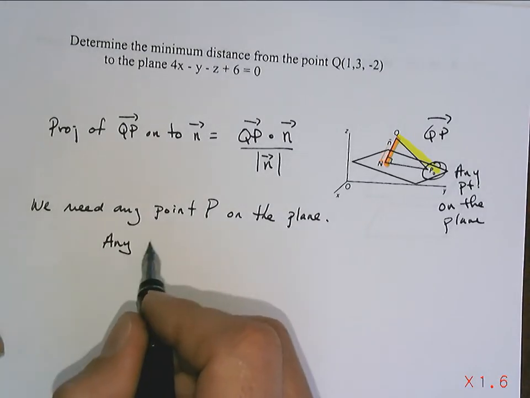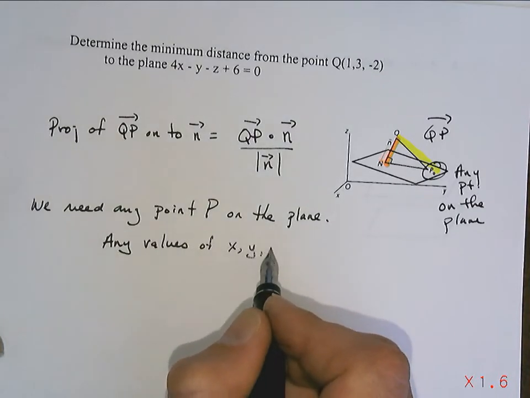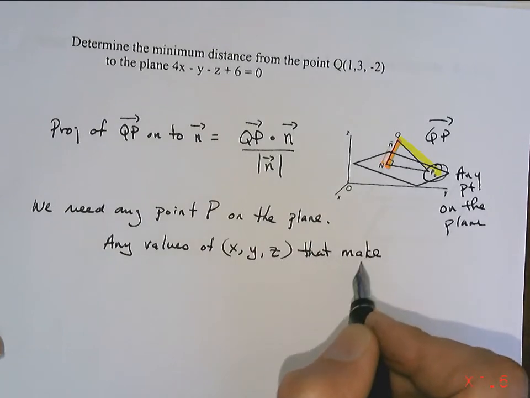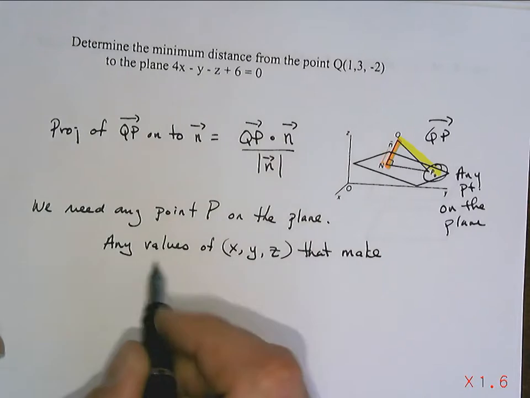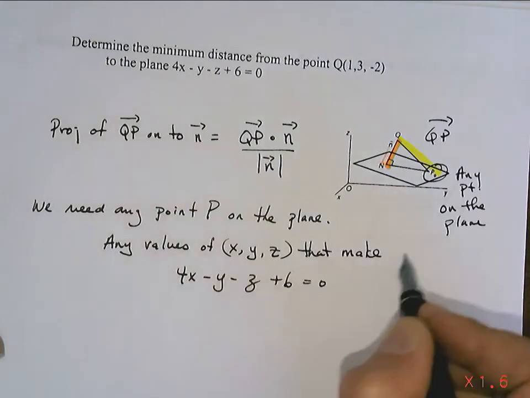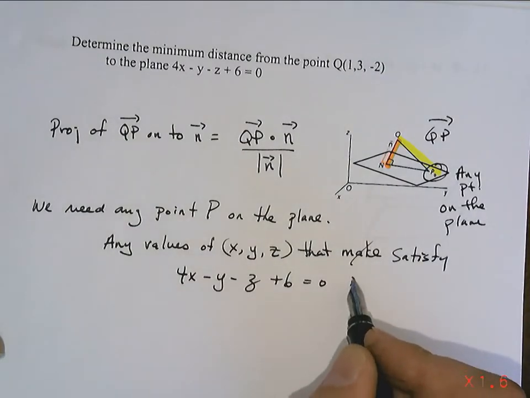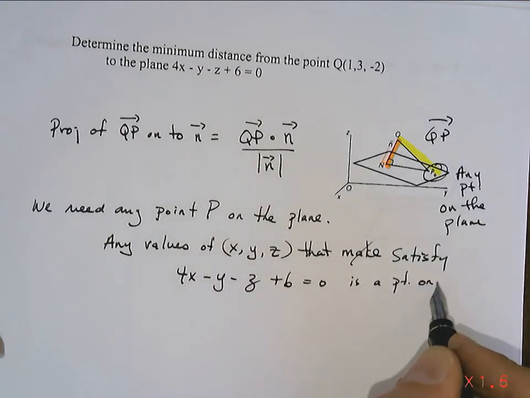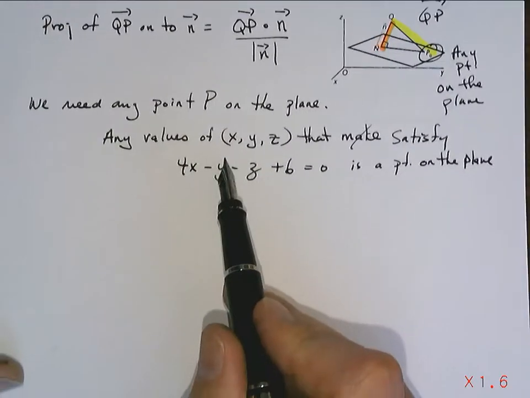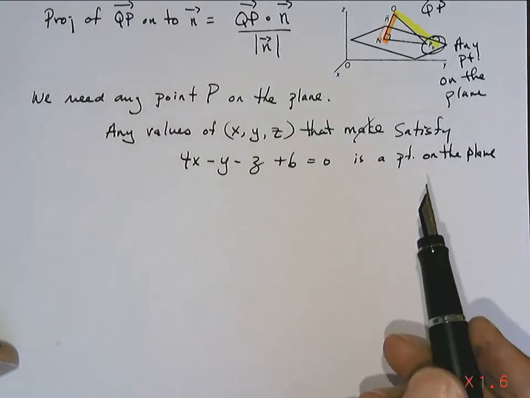Any values of x, y, and z that satisfy, that's the proper word here, that make the equation equal 0 is a point on the plane. Let that sink in for a minute. This is the equation of a plane. Therefore, anything at all that works, that satisfies this, is a point on the plane.